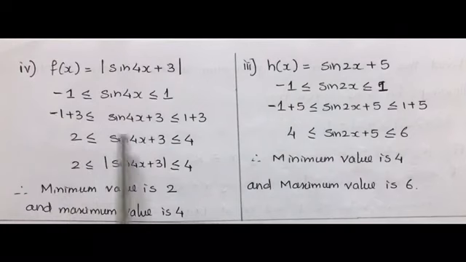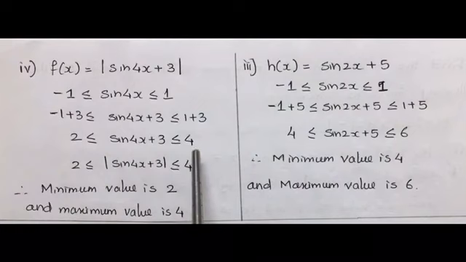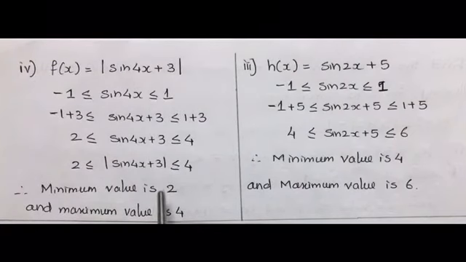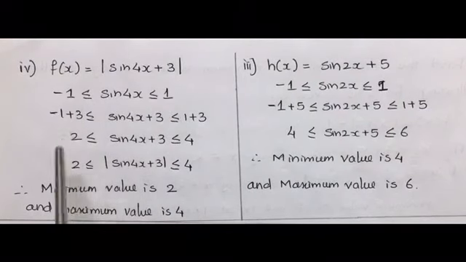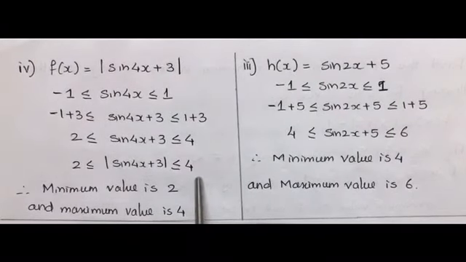So if we check this inequality, the minimum value becomes 2 and the maximum value becomes 4. So this is how we have got, using the range of sine, the minimum and the maximum value.